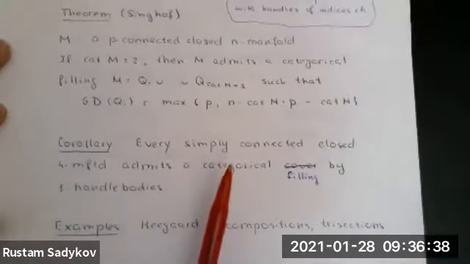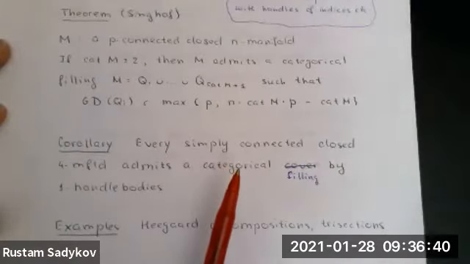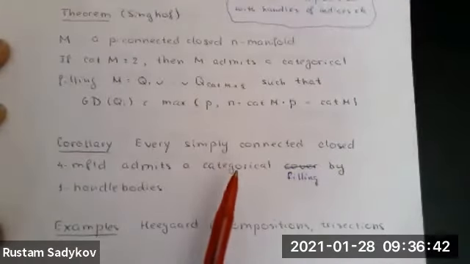But in any case, in the case of dimension 4, the Takens-Zinhoff theorem gives us the following statement: every simply connected closed four-dimensional manifold admits a categorical filling by one-handle bodies. And here categorical means that you are cutting your manifold into the same number of pieces as you need to categorically cover the manifold.